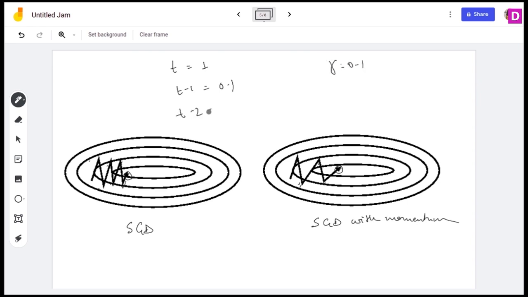For t minus 2 iteration, you have weightage equal to 0.01, and this goes on and on. Since you are giving weightage to the previous points, it does not become this haphazard. It kind of averages out depending upon the position. It is haphazard, yes, but it is a bit less haphazard now.